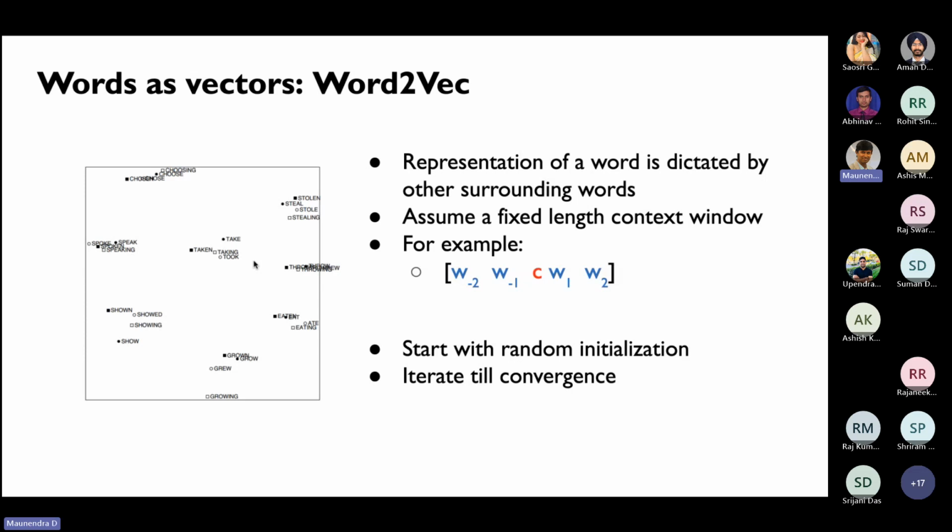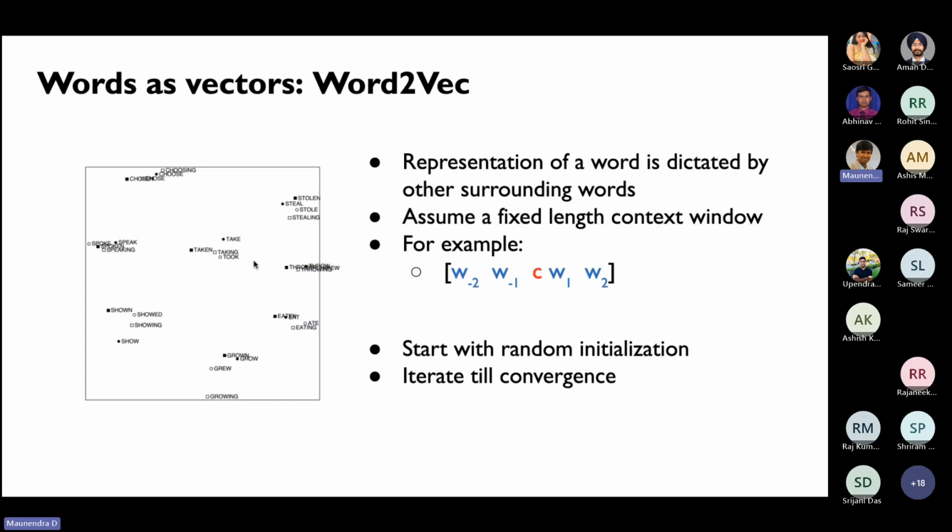So this learning, coupled with the careful selection of objective functions, actually worked really well. And for the next 5-6 years, or even now, this is a very powerful technique for representing words.